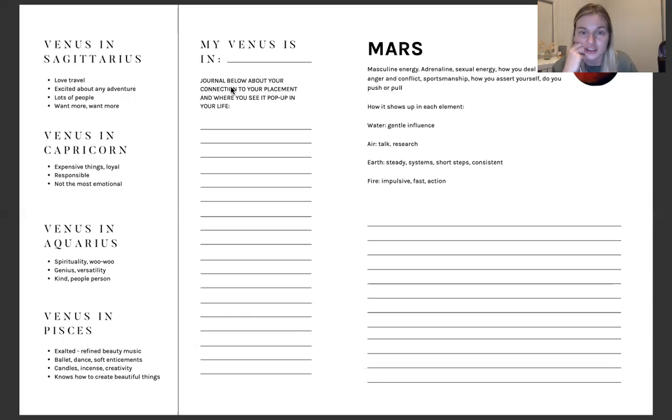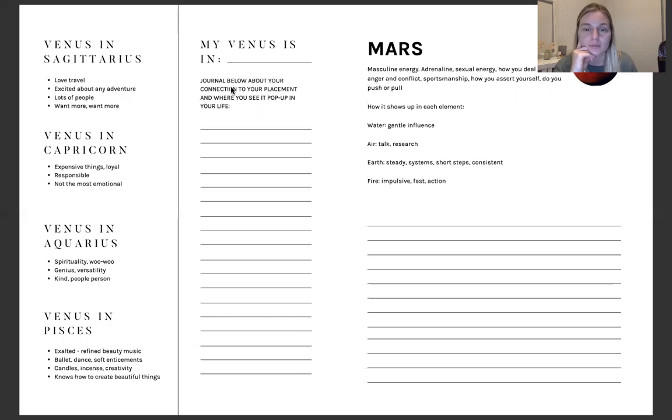It's how you take action, how you're going to deal with anger and conflict, how you assert yourself, how you tackle a project, the way that you tackle anything in life, the approach you're going to take, how you're going to be at work, how you just take action with things. And with Mars, it's even how you deal with your sexual energy as well, how you execute that.